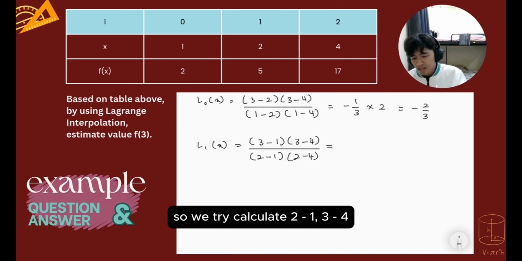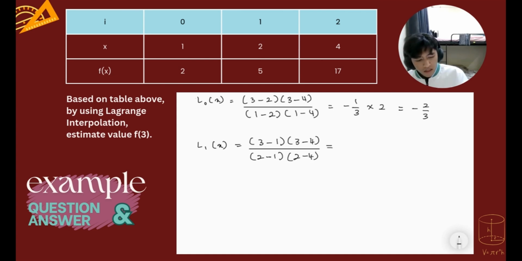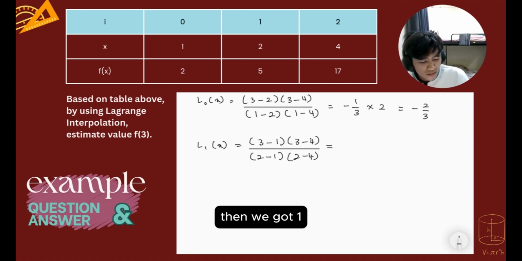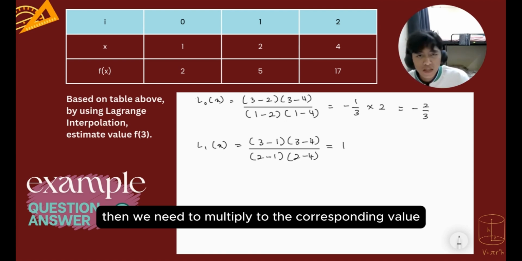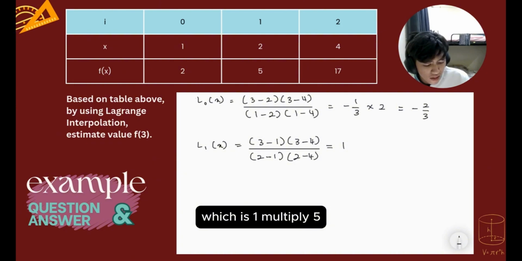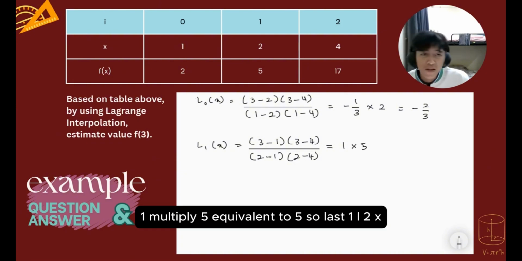We calculate it and we get 1. Then we need to multiply by the corresponding value, which is 1 multiplied by 5, equivalent to 5.